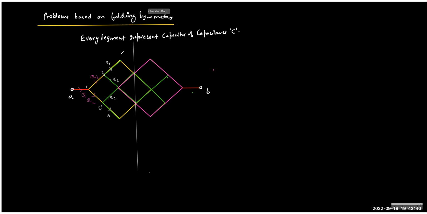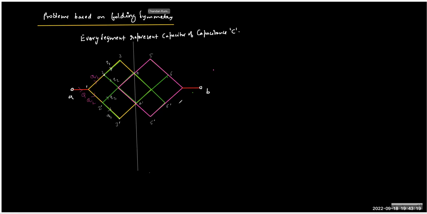And therefore, I can also say the 3 and 3 dash nodes will have the same potential. Yes or no? Yes, sir. And so the 4 and 4 dash without any doubt, then 5 and 5 dash, and then 6 and 6 dash. Now, because they have the same potential, two points at the same potential, we can either separate them like a chewing gum which you can elongate, or you can also connect them back.